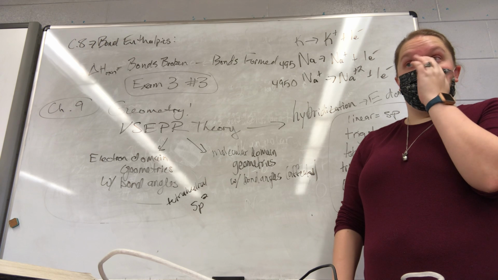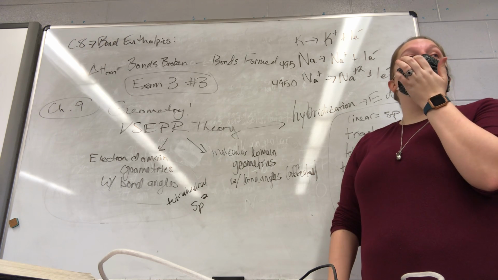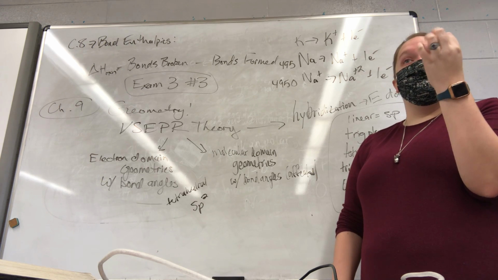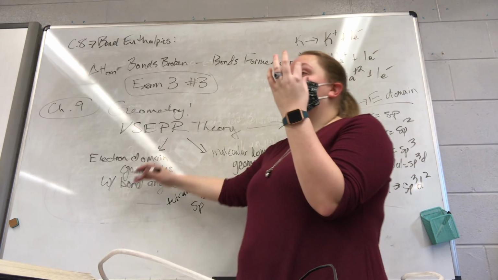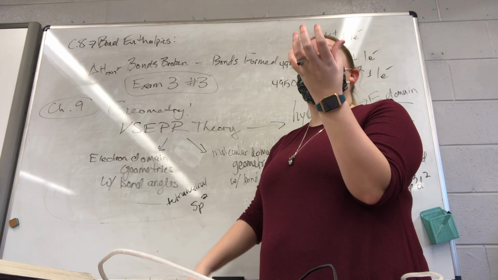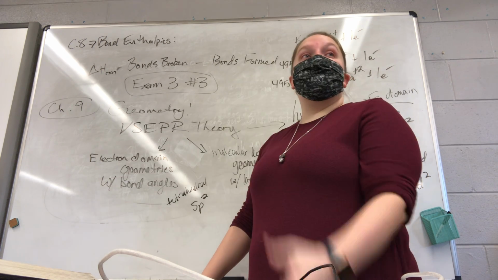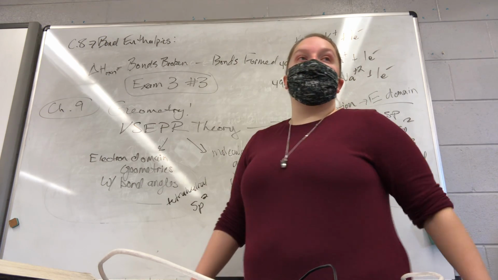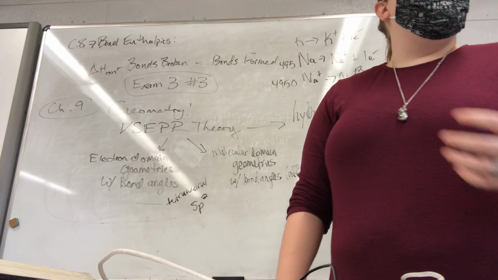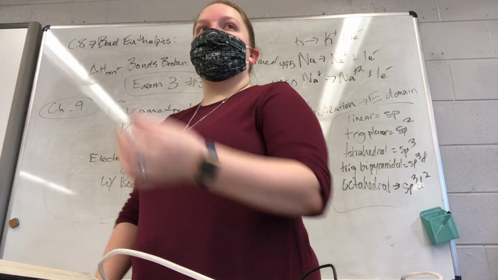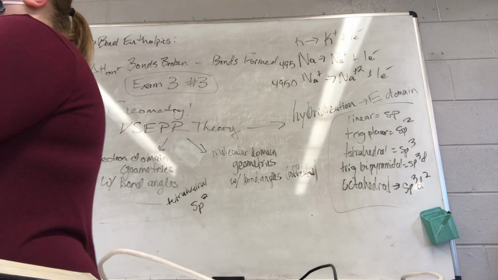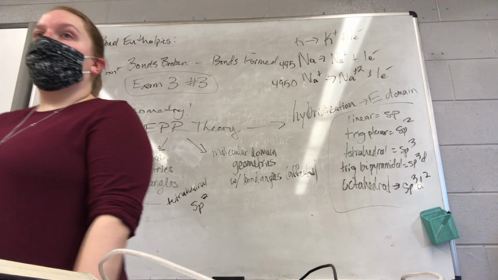Well, but I put triple bond. You all had different compounds, right? There were two different versions of the exam. Different compounds, but all of the answers underneath should have been the same because your compounds came out to be identical. Some of you had PO3 3 minus, and the only difference between the PO3 3 minus and the SO3 2 minus is that the PO3 3 minus had a formal charge of 0 on the central atom, and the SO3 2 minus had a 1 on the central atom. It's amazing that you remember that difference.